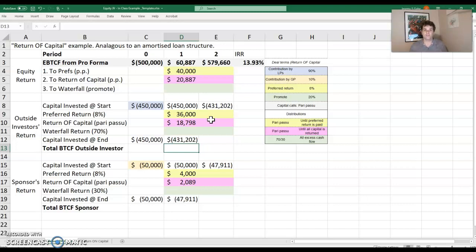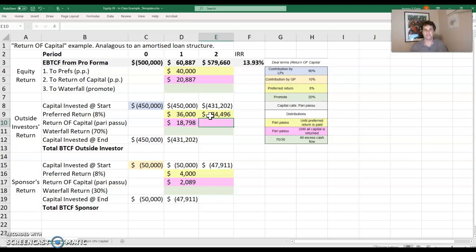Now we had another year of income, plus we've actually sold the asset. So we have a big equity before tax cash flow here to distribute, but the formula is the same. The first thing we're going to do is pay 8%, the pref, on the money that each investor has invested. In this case, it's going to be slightly less because those investors had received capital back.